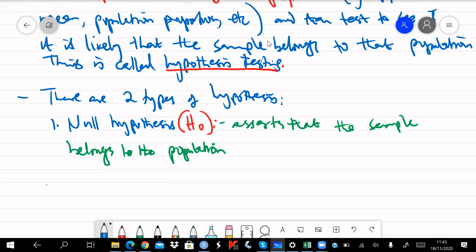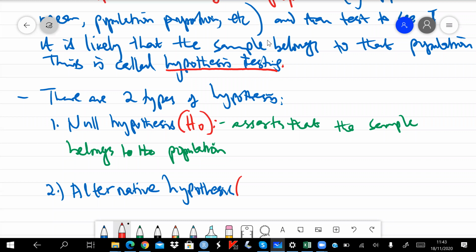Number two, we have what you call the alternative hypothesis. This is denoted by H1.